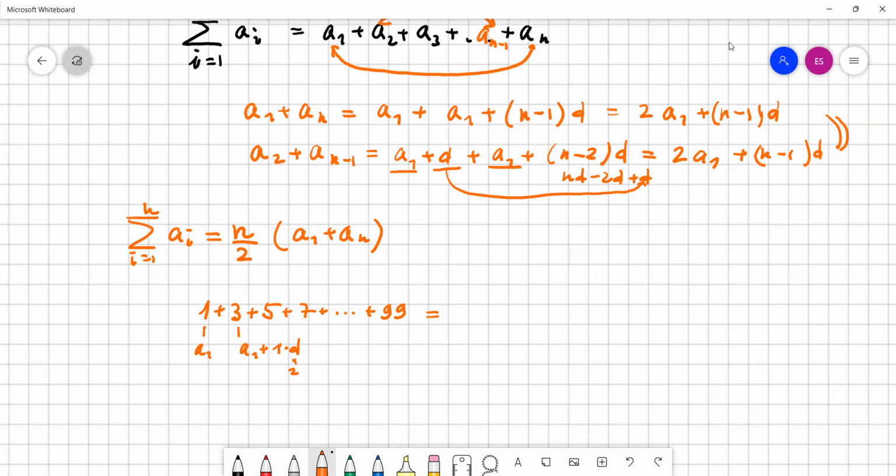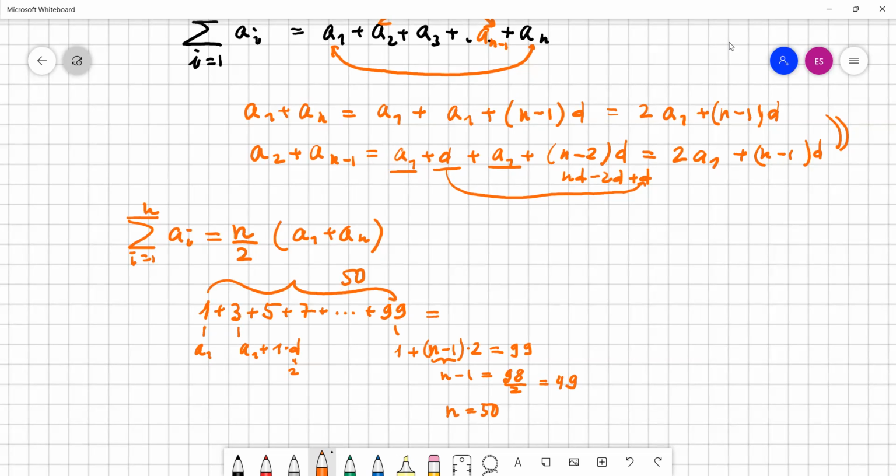So this one is a1 plus n minus 1 times d, right? We know that d is 2. And what is n minus 1? To figure out what n is here, well, we're supposed to get 99 here, right? So n minus 1 equals 98, subtracting 1, and divided by 2 is 49. So n equals 50, exactly half. So 50 terms.